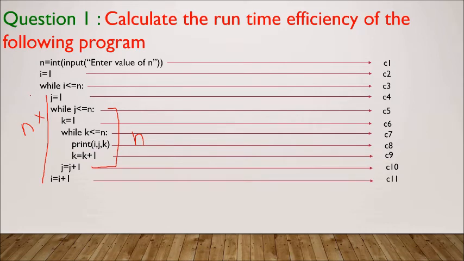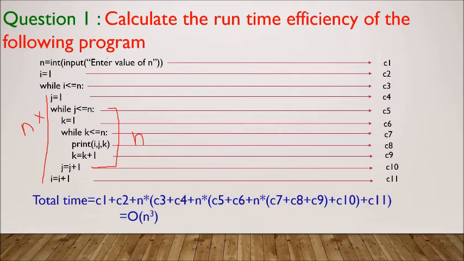So when we calculate, the total time will obviously be C1 plus C2, which was outside of this loop. This was out of this loop, that is why we have not multiplied it by n. After that the first n is multiplied by all the other statements.